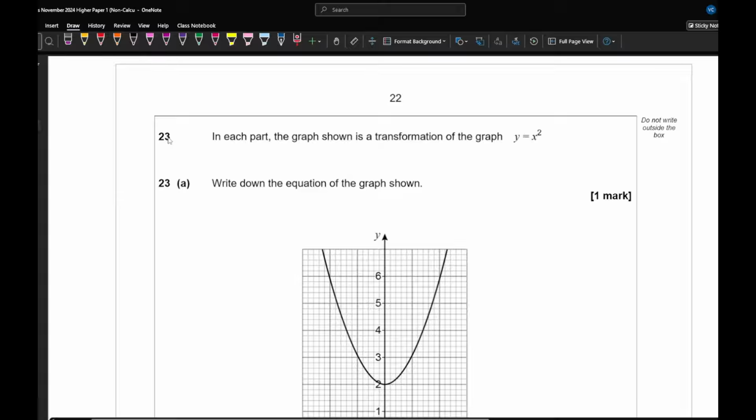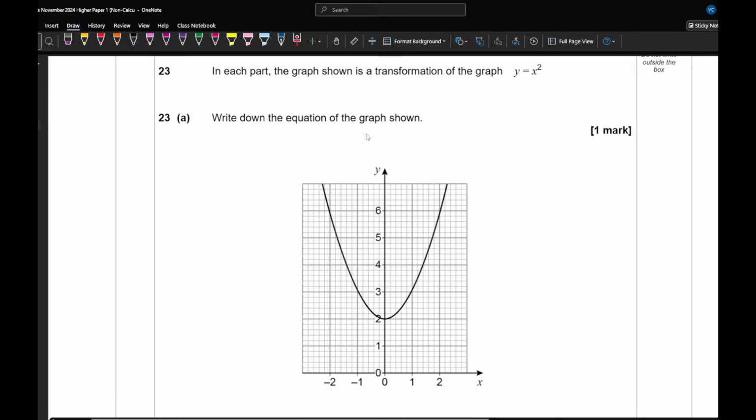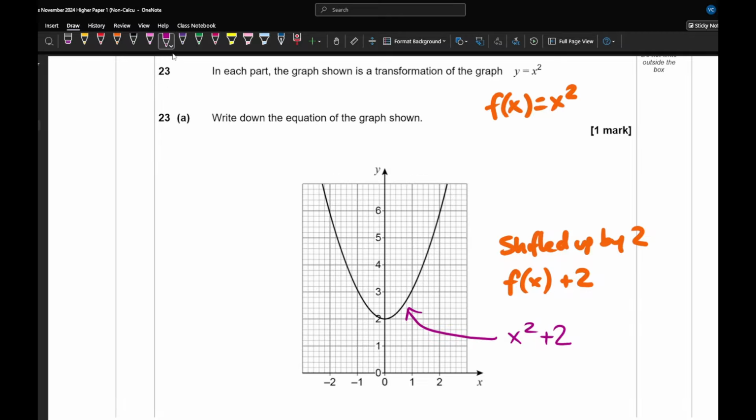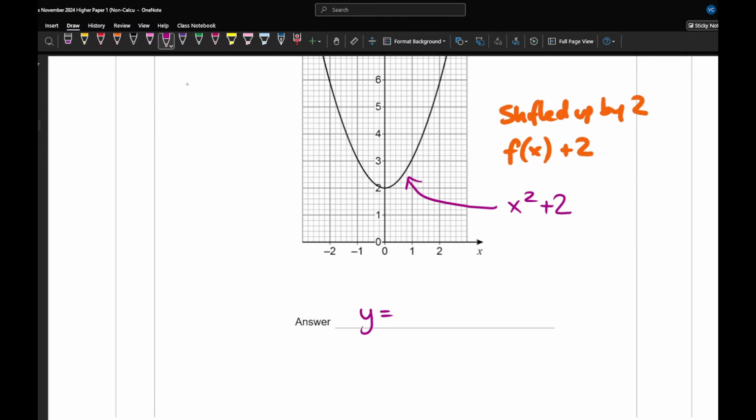Moving on to question 23, it says in each part the graph shows a transformation of the graph of y equals x squared. Write down the equation of the graph shown. So this has been shifted up by 2, and so what I need to do is do the function of x plus 2. So if f of x equals x squared, then this graph here is going to be x squared plus 2. So I just need to write y equals x squared plus 2.